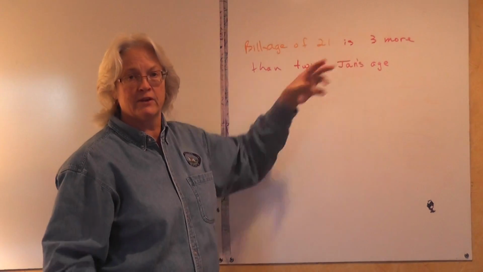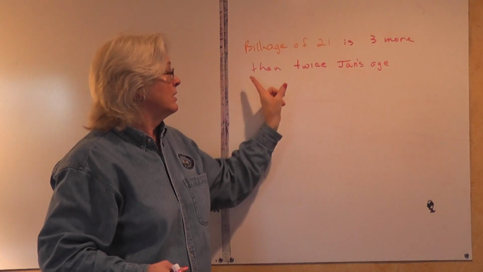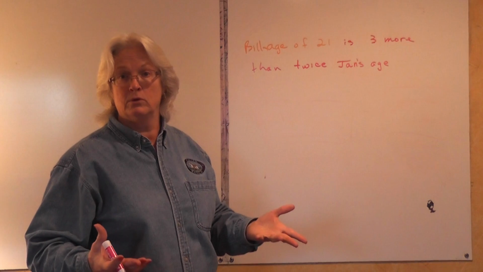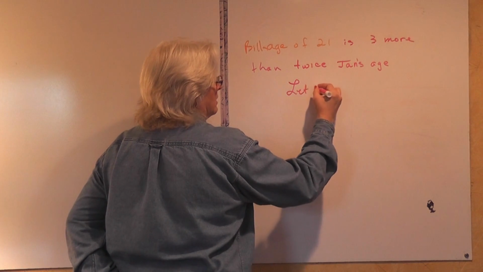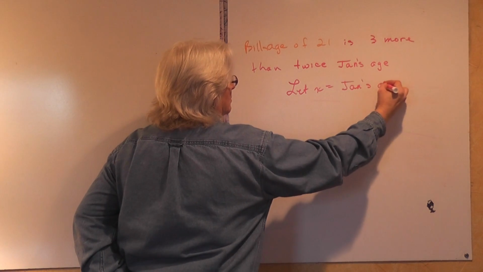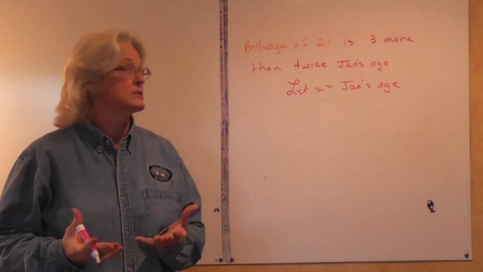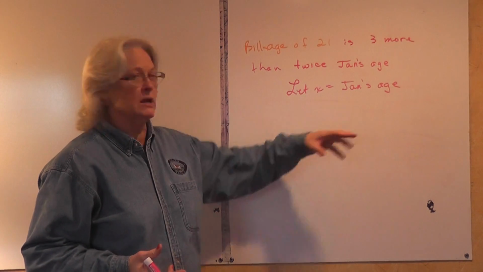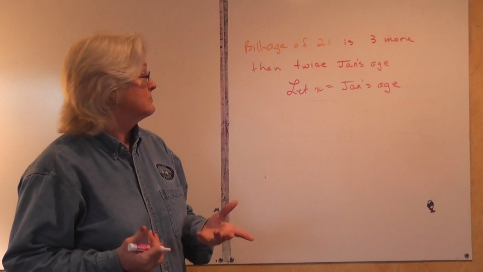An expression is equal to 21: 3 more than twice Jan's age. 2 times Jan's age, so why don't we just say let x equal Jan's age, or let j equal Jan's age. If x is Jan's age, how would you indicate twice Jan's age? 2x.